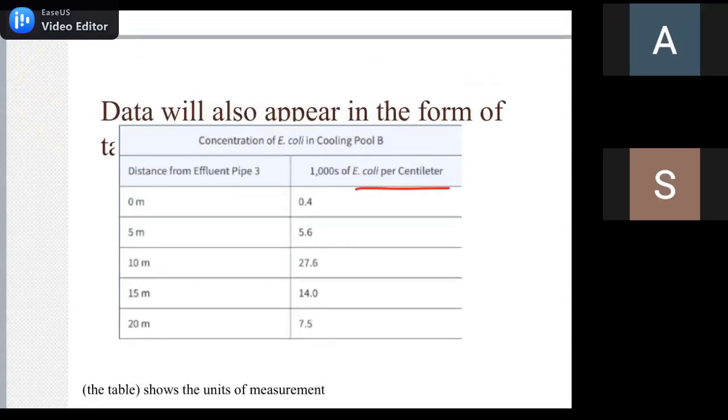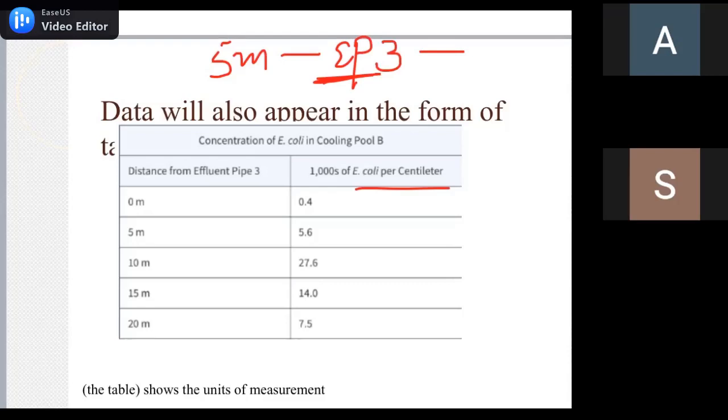My question is: at a distance of 5 meters from effluent pipe 3, how many thousands of E. coli are found per centiliter of water?